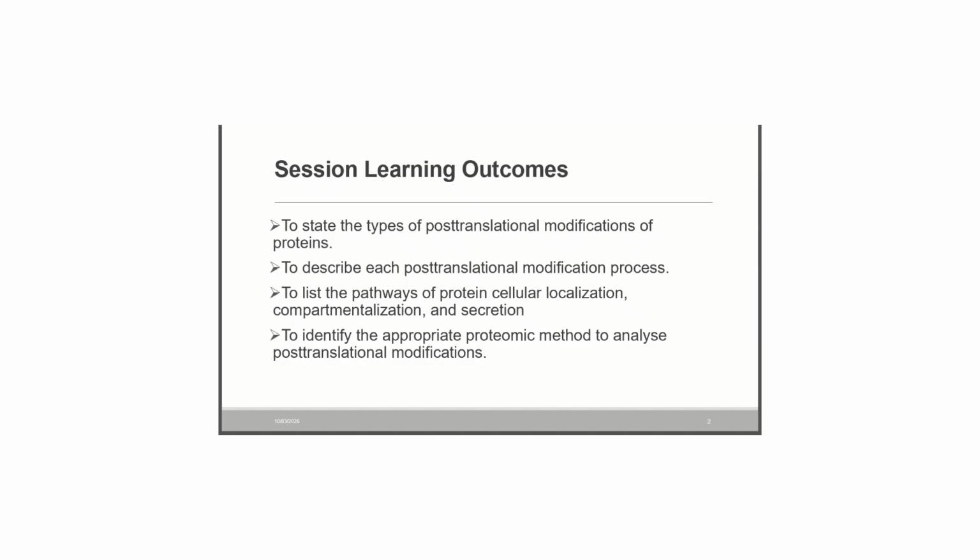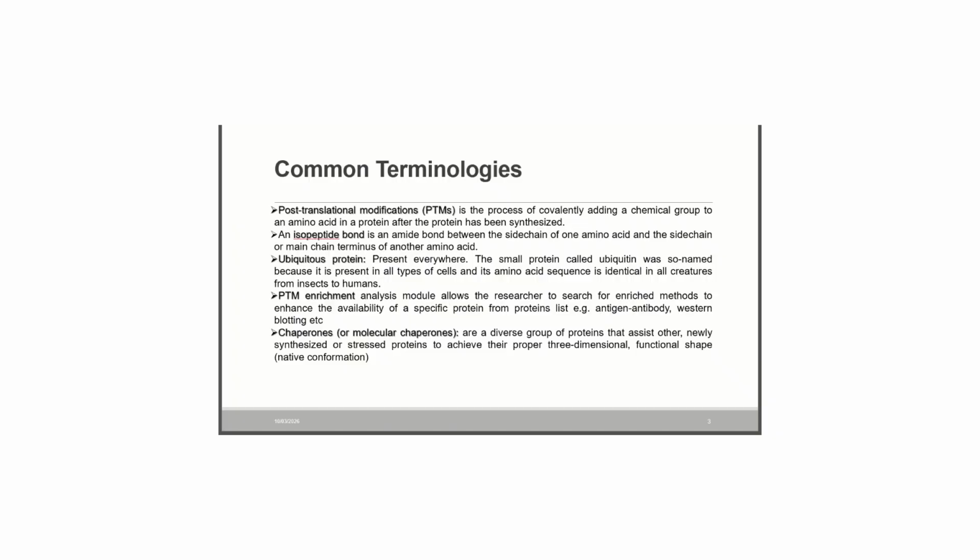We have common terminologies that we need to understand before we dive into more detailed information. So, what are post-translation modifications? They are usually abbreviated as PTMs. It is the process of covalently adding a chemical group to an amino acid in a protein after the protein has been synthesized.